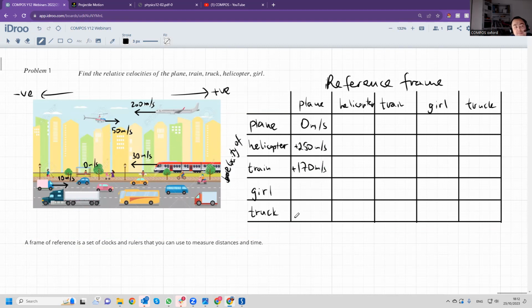Does that make sense? Relative to you, the train is moving to the right at 170. Does anyone have a question on that? Any problems?